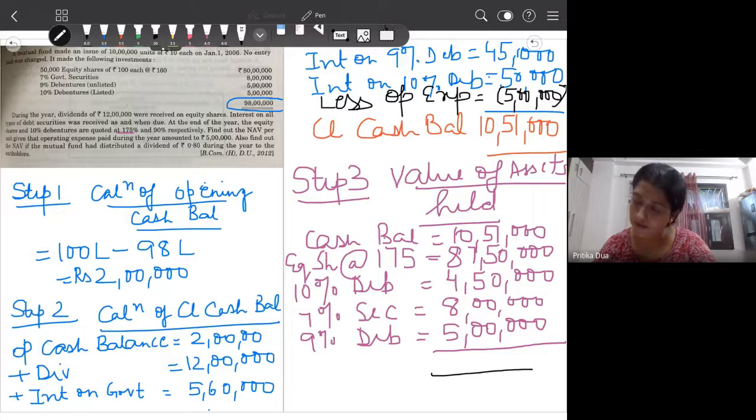Because that would give us the NAV per unit. It is coming to 1 crore 15 lakh 51,000.